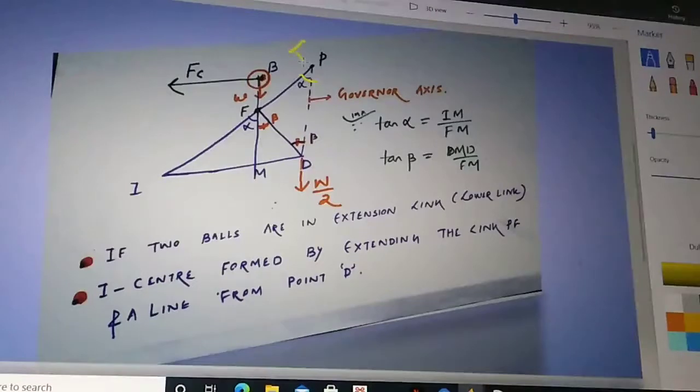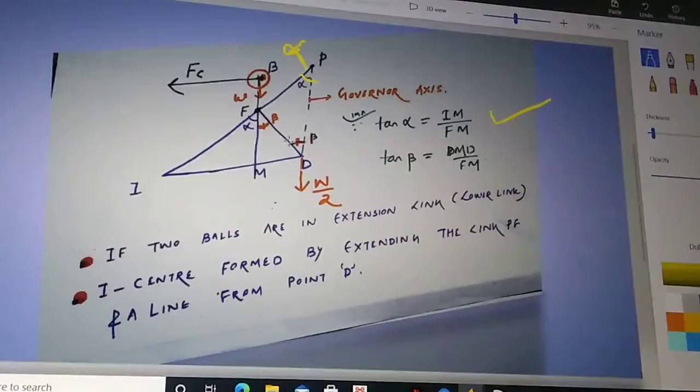If this angle is alpha, this angle is also alpha. So in this triangle, tan alpha will be equal to IM divided by FM. This is the base. So this one will be tan alpha.